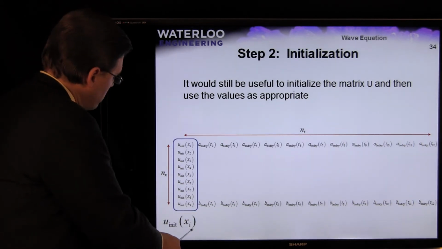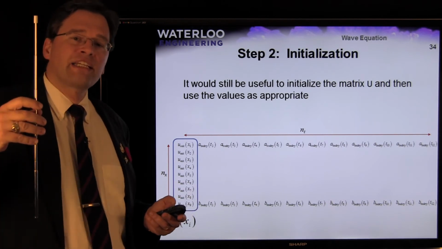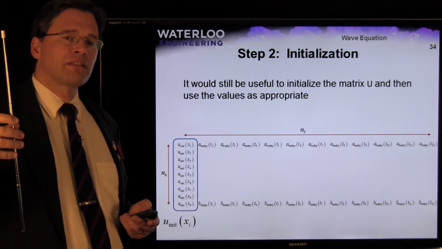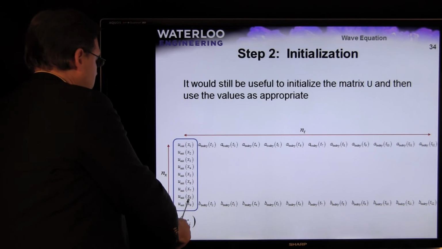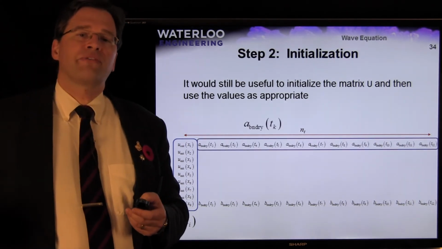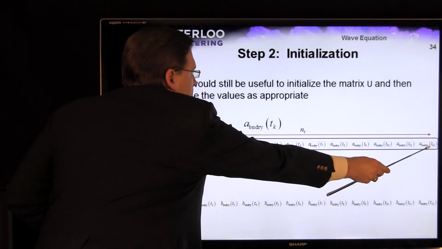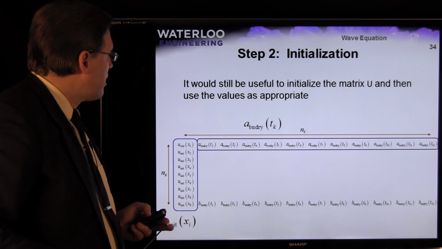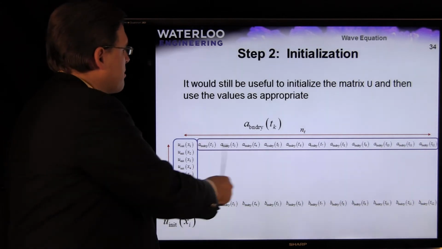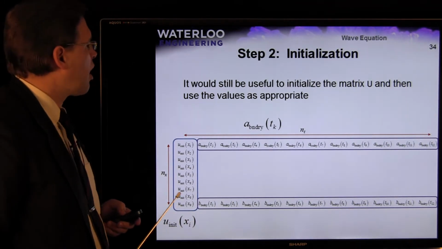So here, I would call the initialization function at the x values, which we created with linspace, and copy them into these locations. Similarly, I would call the boundary value function from t2 to t sub n sub t, get the a values, copy them here, and copy the boundary conditions at x is equal to b there.